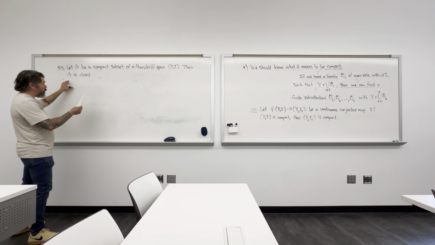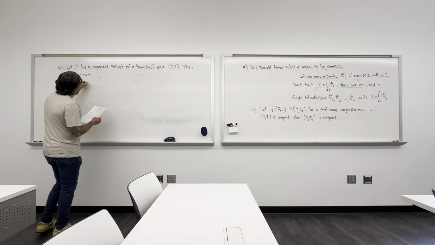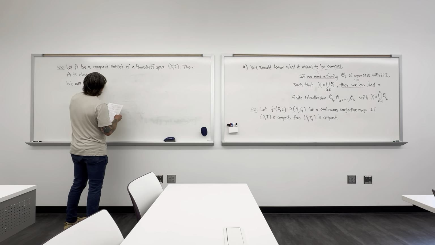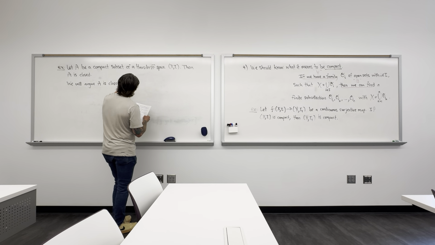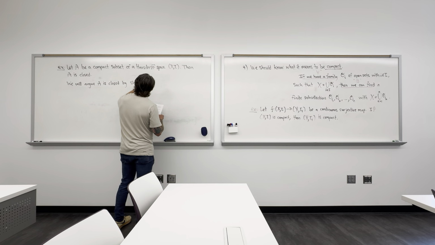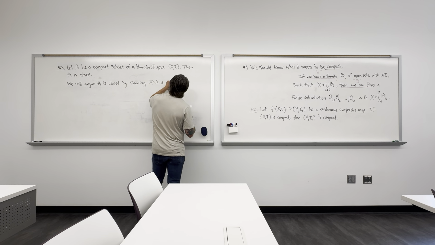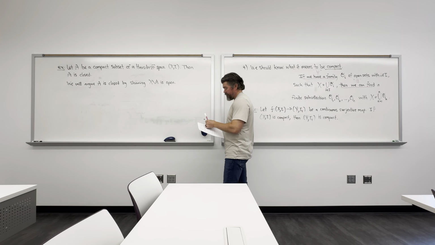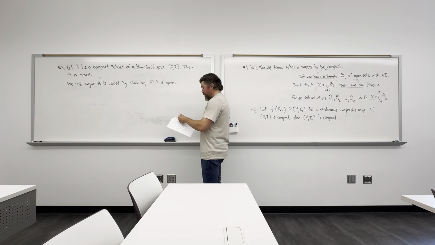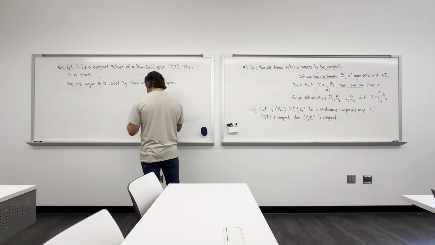Here, we will argue A is closed by showing X minus A is open. I always like these open arguments. I don't know why. There's no reason to rhyme. I like showing complements are open to argue closed when it's possible.